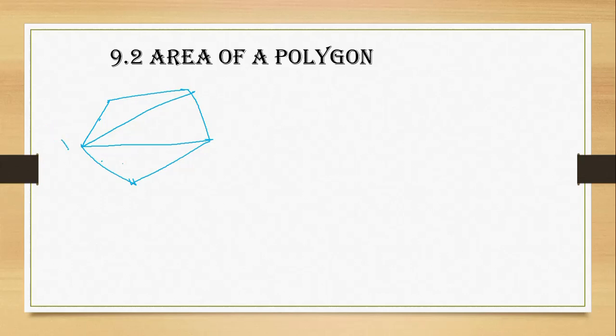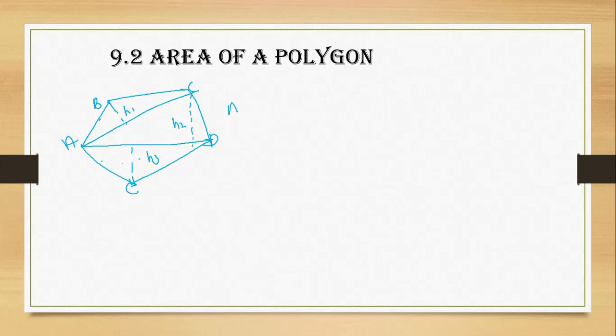Let us consider the vertices as A, B, C, D, E. Next, this is one, and this is one, and this one. There are 3 triangles. Consider their heights as H1, H2 and H3.